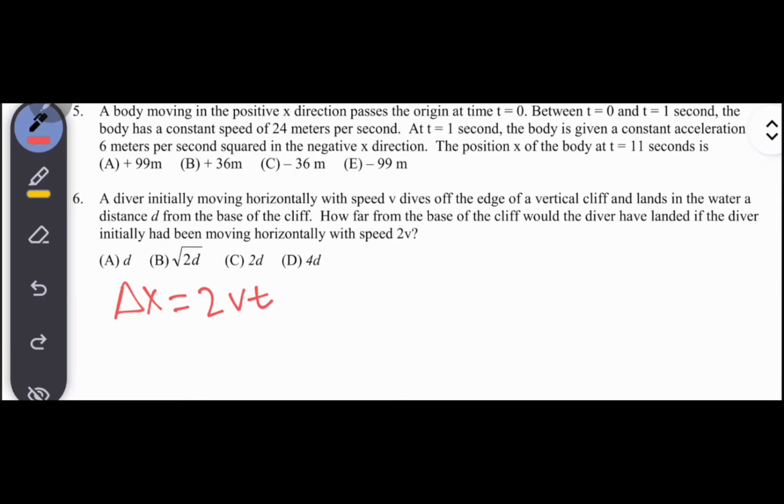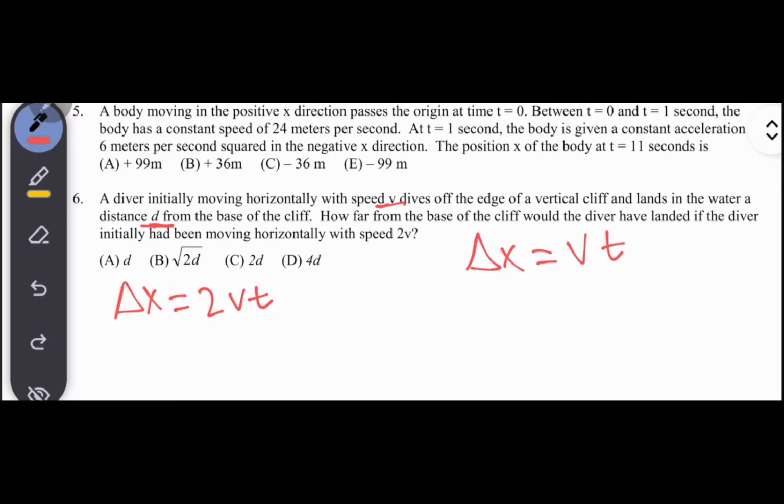Now that we know delta x is equal to 2vt, we have to go back to the problem and get some earlier information that was told to us. As we can see over here, it says that it lands in the water at a distance d. And what was the initial velocity? It was v. So if we took the same knowledge that we just did, we would end up with the equation delta x is equal to velocity times time, right?